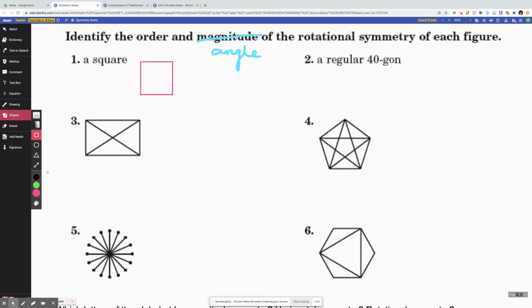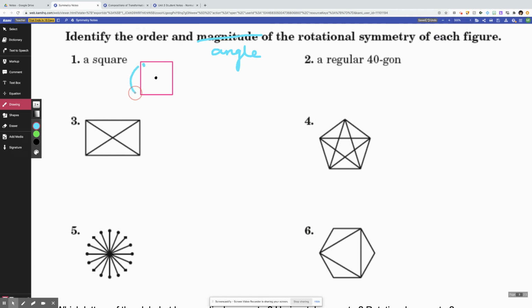Okay, so remember with rotational symmetry, what you're doing is you want to put a dot in the middle of the picture and then a dot to track, right? And count how many times can I move that dot in one full 360-degree turn where the shape maps back onto itself, but the dot is in a different spot.